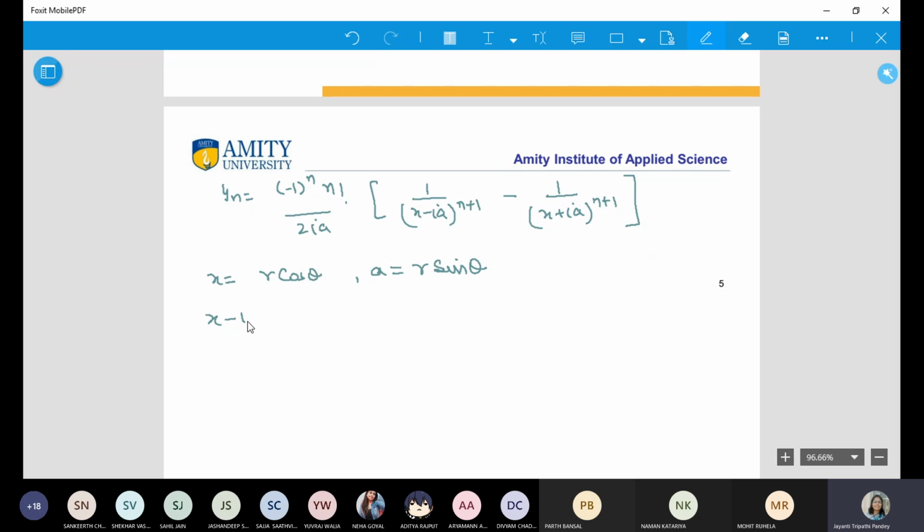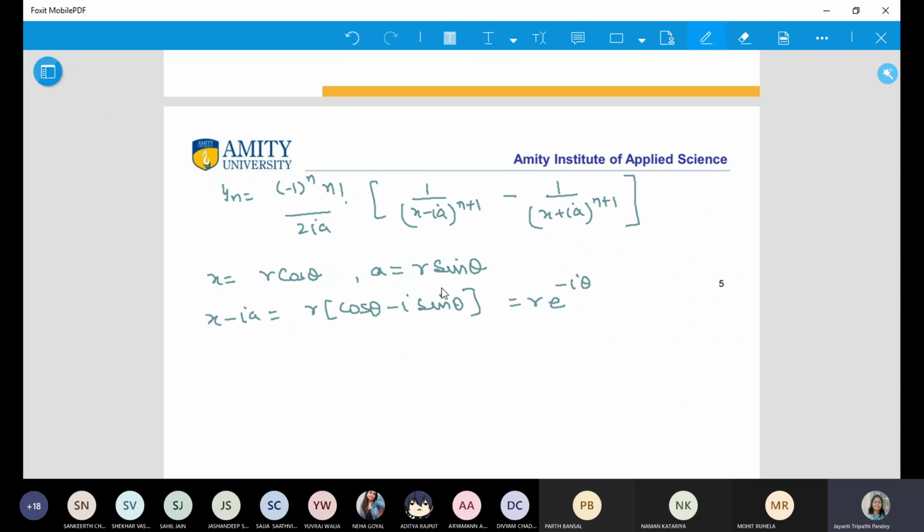So when you write x minus ia, it will be r cos theta minus i sin theta. Is it okay or not? And that is nothing but r e to the power minus i theta. Do you remember this Euler's formula we did?